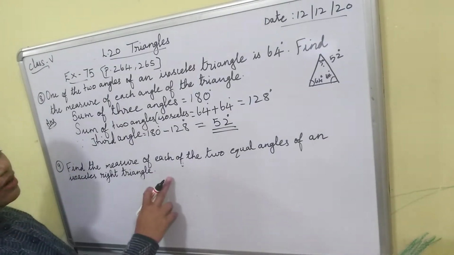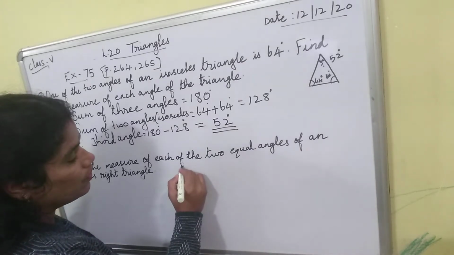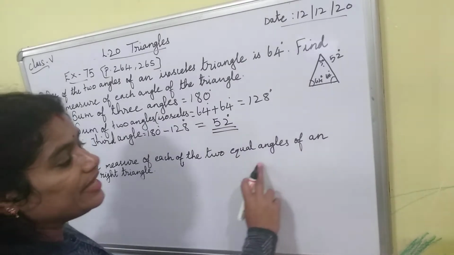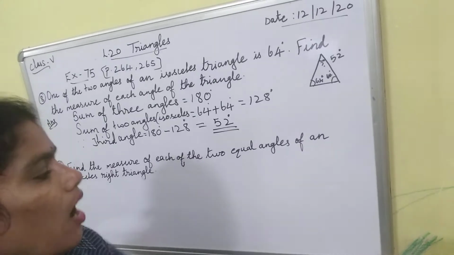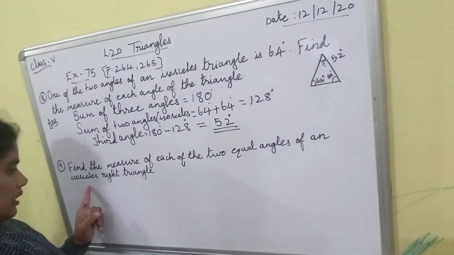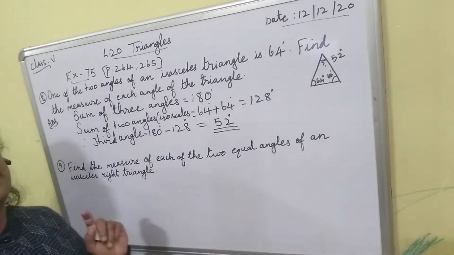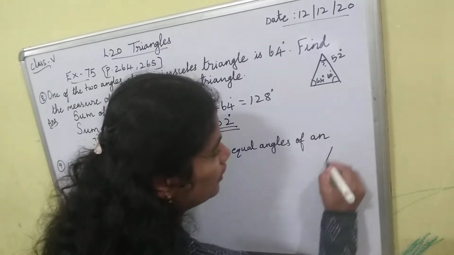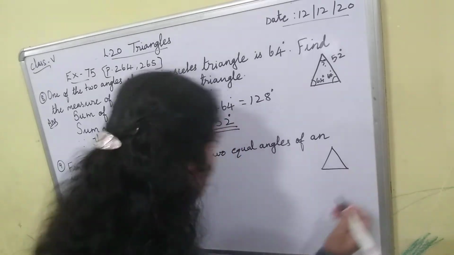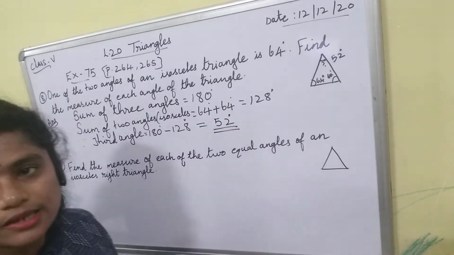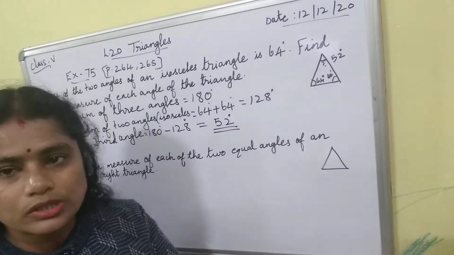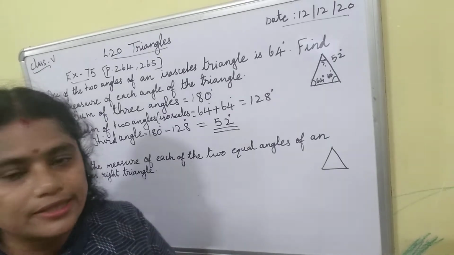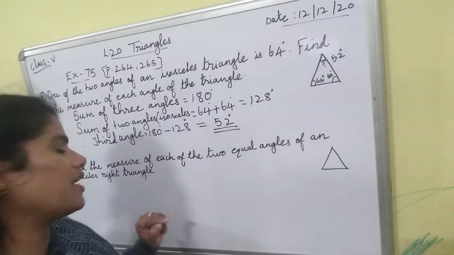Find the measure of each of the two equal angles of an isosceles right triangle. Okay. So we know we have to draw the triangle. One is isosceles. So isosceles means two angles are equal, but we don't know what they are. But here it is a right triangle.